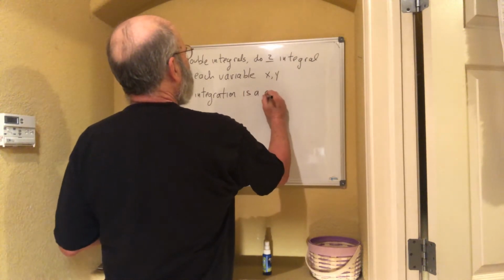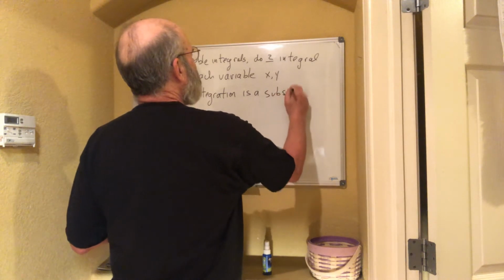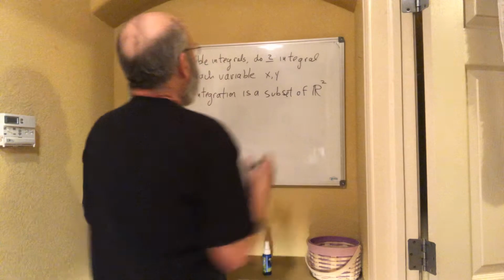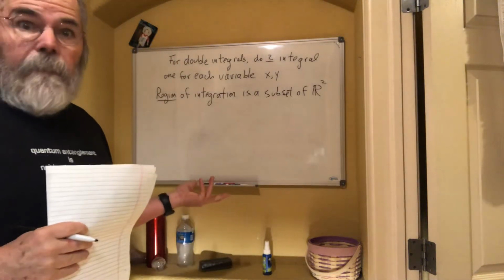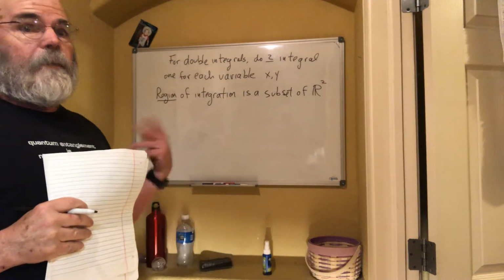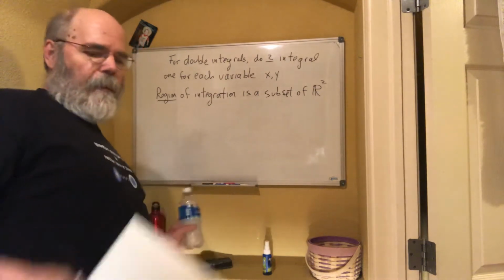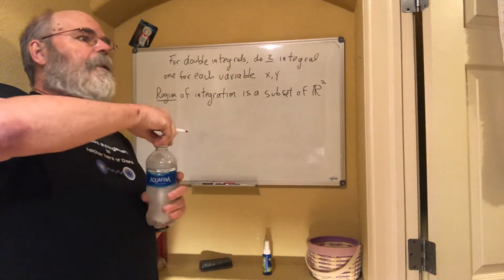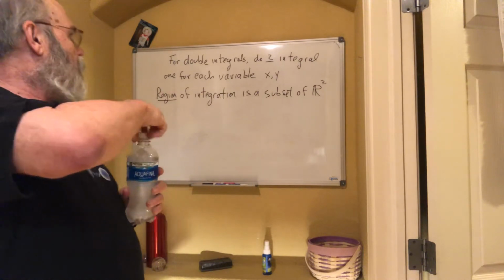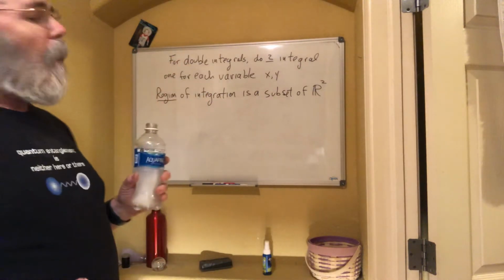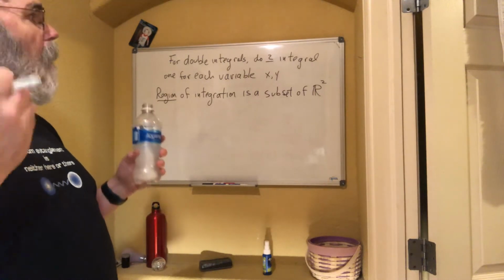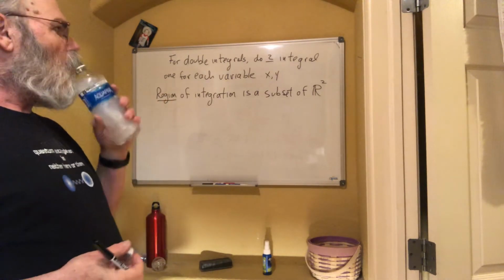It's an area that we're integrating over now, not just a length, right? In 1-dimensional integrals, the region of integration is just that interval a to b. Now it's going to actually be a 2-dimensional area within the plane, okay?